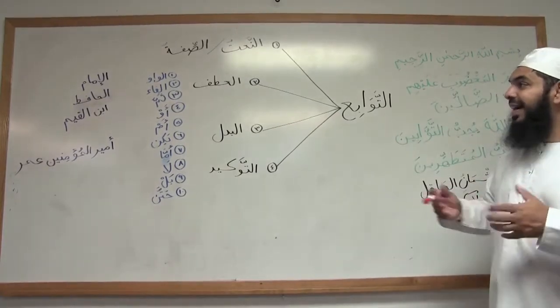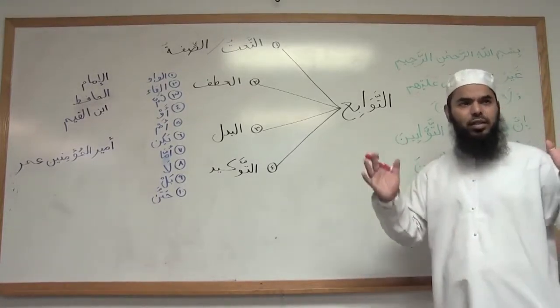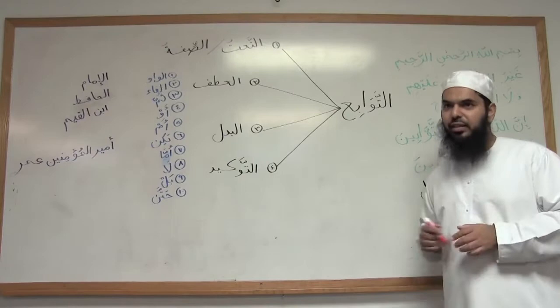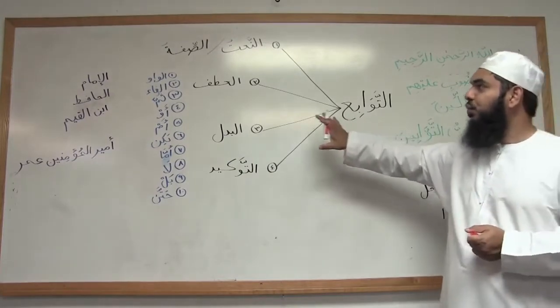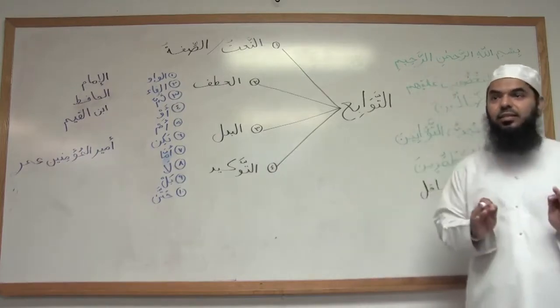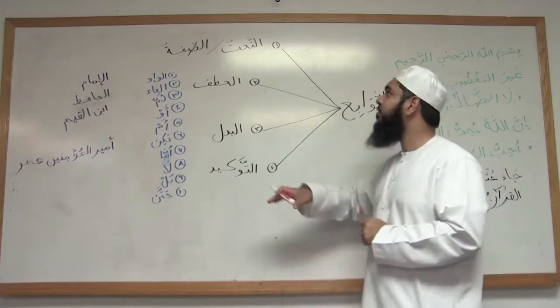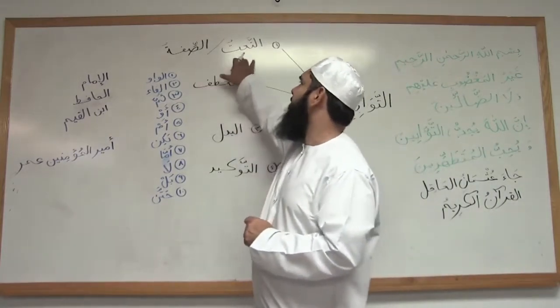Now, like I said, this is some beginning stuff. We could go into advanced things like ism laysa and all those kinds of things, but inshallah everything in its stages. So there's only 4 real tawabi'. There's 4 reasons an ism will become tabi' to another ism. Tayyib? One, it's called a sifa or na'at.